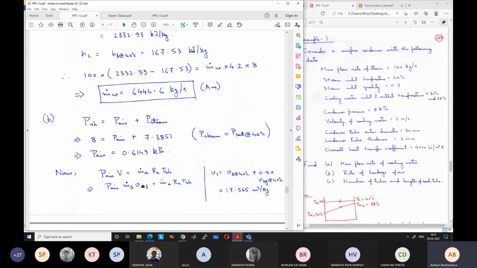This will be equal to 0.001 at 40 degree Vf plus 0.9 into Vfg, 0.9 into 19.54. So this is equal to 17.565 meter cube per kg.